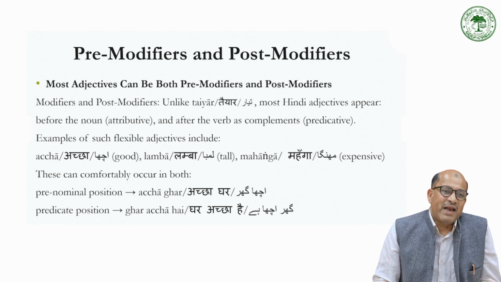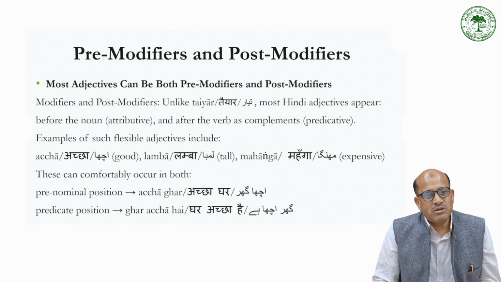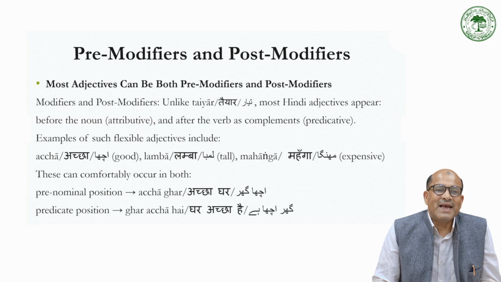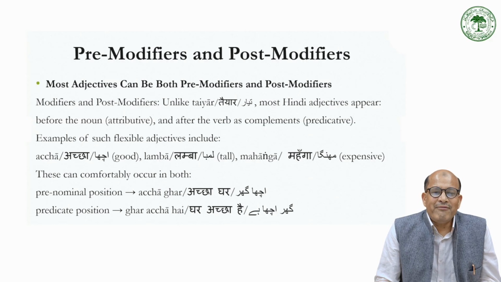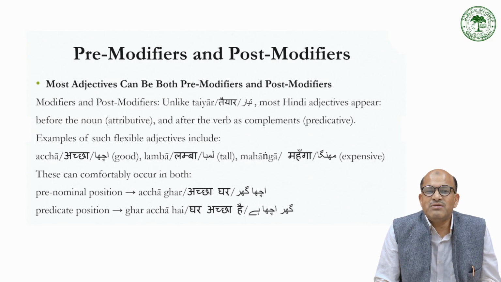Most adjectives can be both pre-modifier and post-modifier. Unlike tayyar, most Hindi adjectives appear before the noun, which is attributive, as we have seen, and after the verb as complement, which is predicative. Examples of such flexible adjectives include अच्छा, लंबा, महंगा.